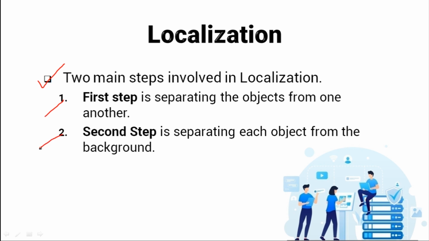By successfully completing these two steps, we can accurately identify and determine the position of each object in the external environment. This ability to localize objects is crucial for various tasks, which include interacting with them, reaching out to them, and effectively navigating and manipulating our surroundings.